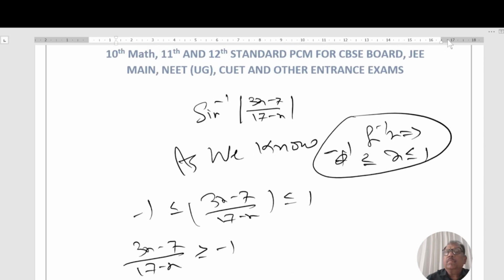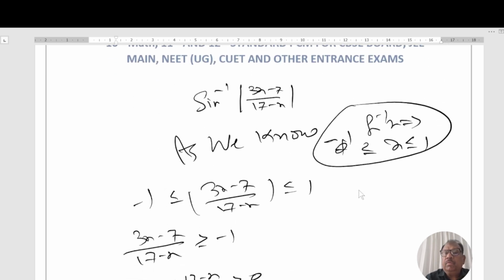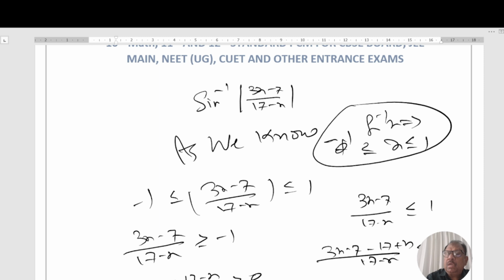In this case, (3x minus 7) upon (17 minus x) less than or equal to 1. (3x minus 7 minus 17 plus x) divided by (17 minus x) less than or equal to 0.